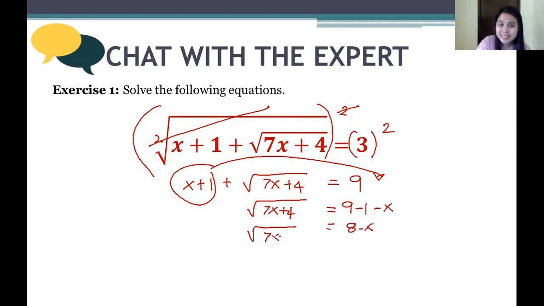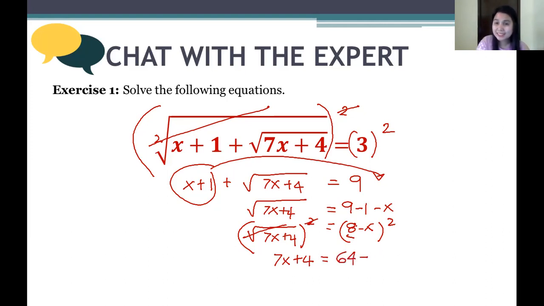We have a radical on one side, this one. So square again. Cancel, since it's squared. So we have 7x plus 4 equals. Okay, your special products. It's very important to have the special products this time. Square the first, 64.